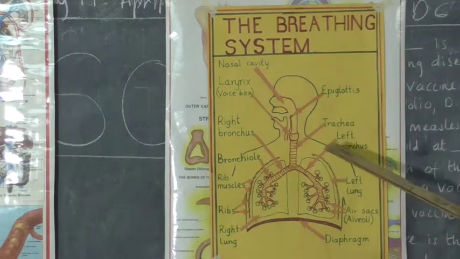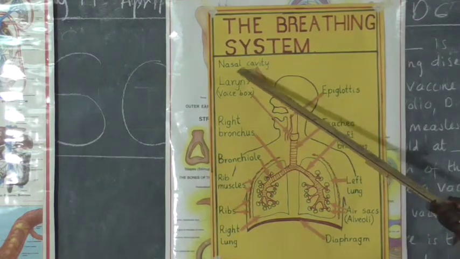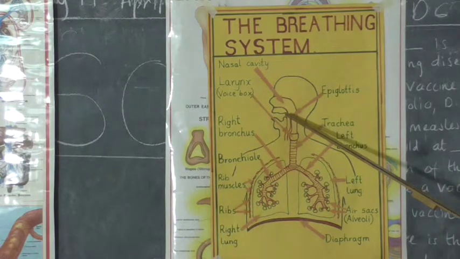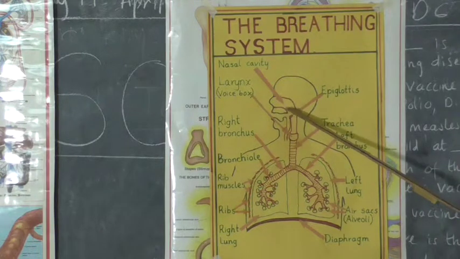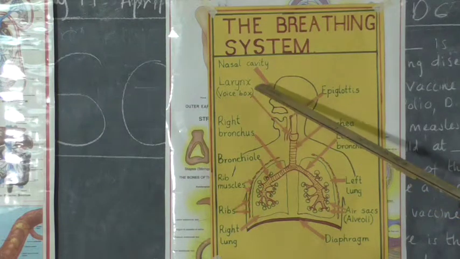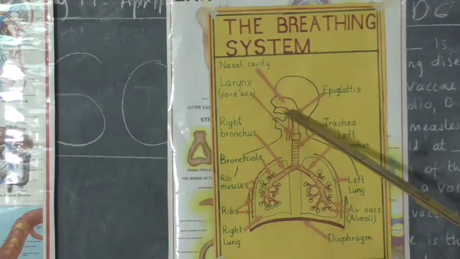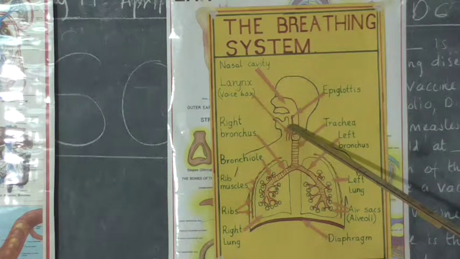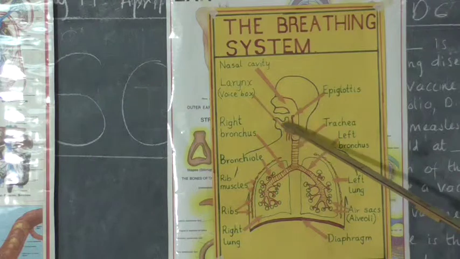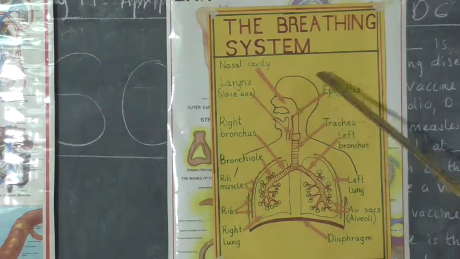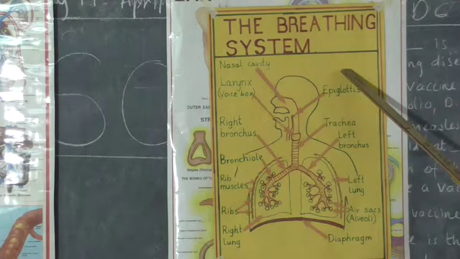Now, what is the function of the different segments of the breathing system? One, the function of the nasal cavity is to bring air into the body of a human being. The air that is taken into the body is 100% air. A section of it, oxygen, like we learned previously, is 21%.